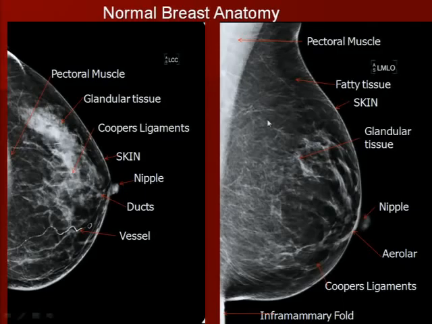Most of it is fatty. Then pectoral muscle is here. So same thing here, the pectoral muscle on the CC view, nice glandular tissue, some Cooper's ligaments, skin, nipple. Here you can see some ducts and vessels. Vessels that are calcified, you can see. Vessels that are not calcified, also you can see.